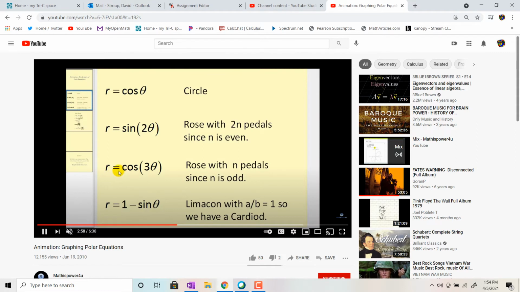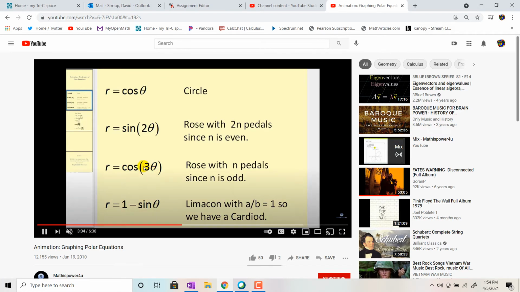And then it's going to go negative on the arm as we go to 2 pi. Okay, and sure enough, it goes all the way around. And be aware of how far it takes you to trace out the entire curve.